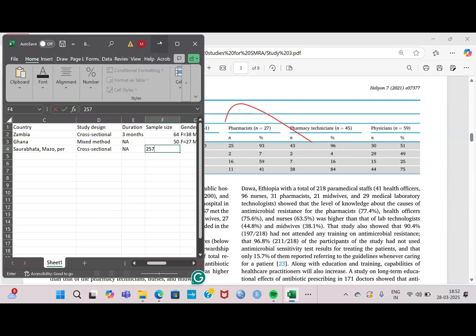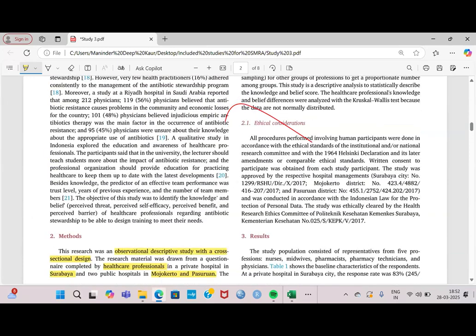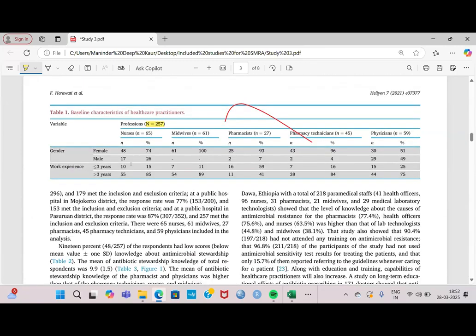So what are the males and females? Yes. So this table is not telling collectively about the male and female. So we will add the different professionals. So 48 females in the nurses, 61 in midwives, pharmacists 25, pharmacy technicians 43, and physician females are 30. So nearly 207 females were included in the study.